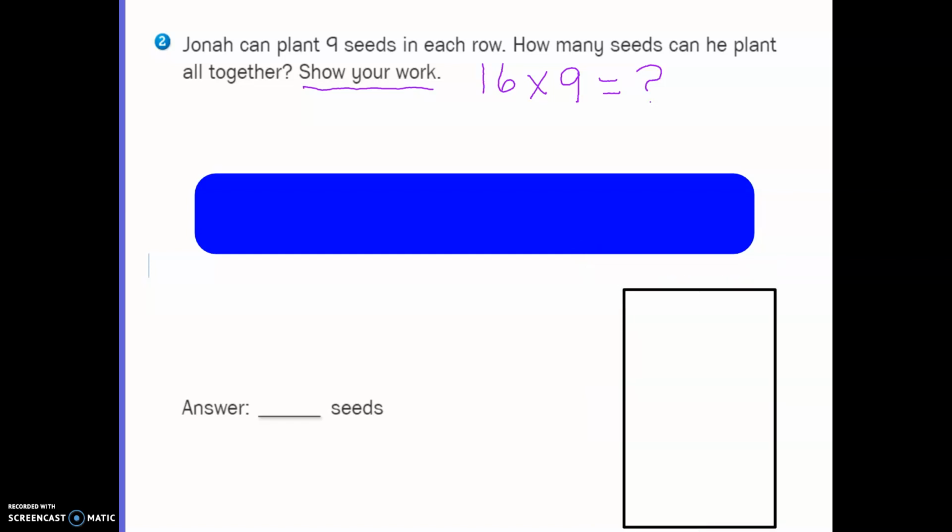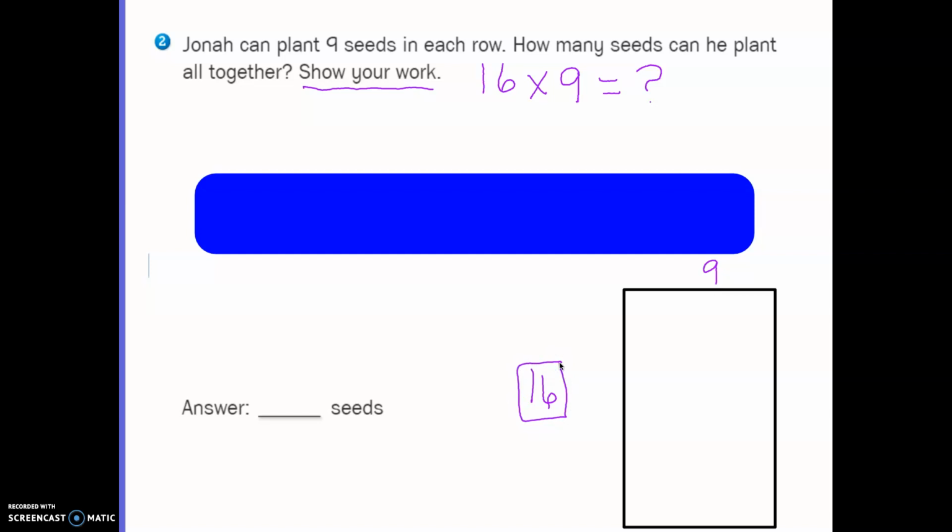So I know I drew myself a rectangle here. You could do it in your space for number 2. And I know that there's 16 rows here, and I know that I can plant 9 in each row. So when I look at the number 16, I know that's a double-digit number.